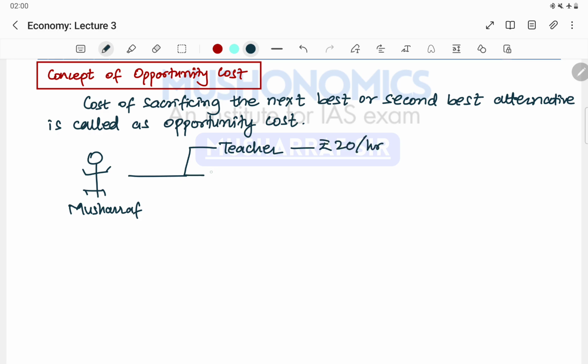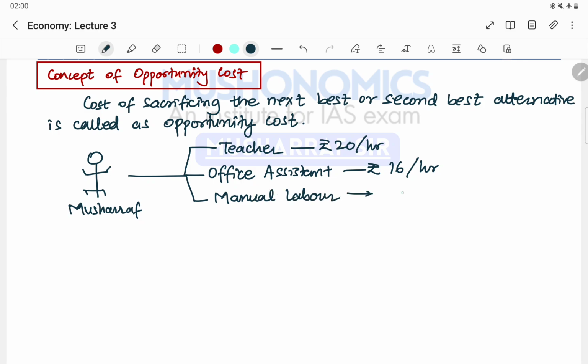If he works as an office assistant, he will get 16 rupees per hour. And if he works as a manual labor, he will be getting 14 rupees per hour. Right? So this is an example.